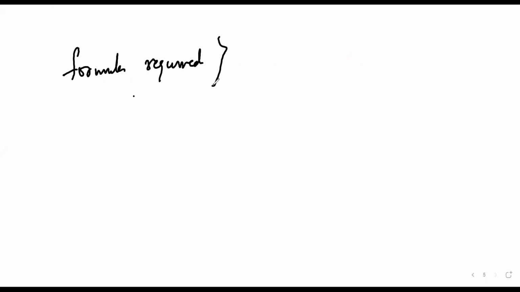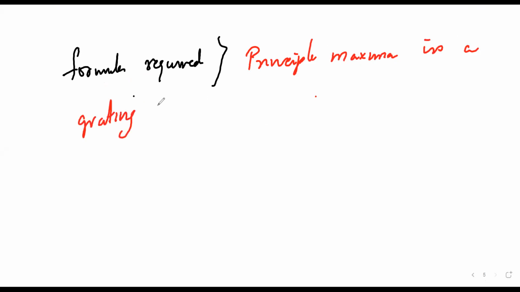So first thing is, what is the principal maxima in a grating spectra? The principal maxima in a grating spectra is sin theta by N equal to N lambda.